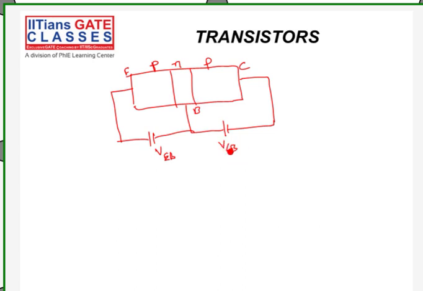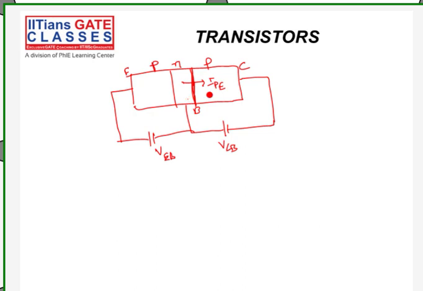Because of this reverse voltage, an additional current ICO also flows through the collector junction. See, this is reverse biased. I talked about the current IPE, but I have not talked about the current ICO.